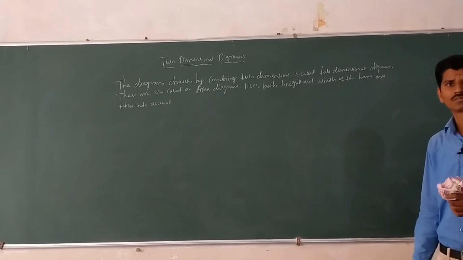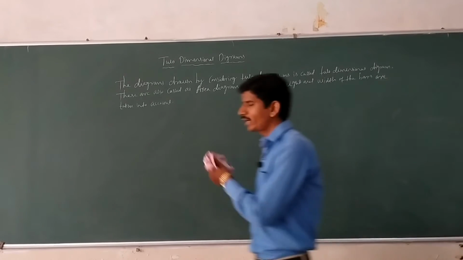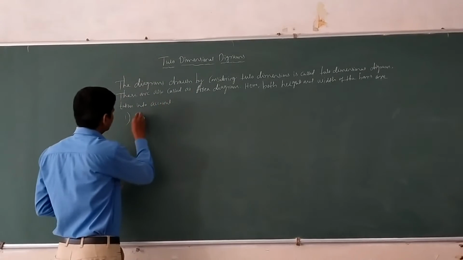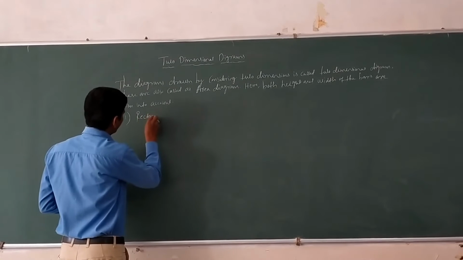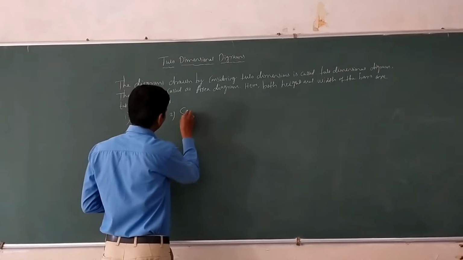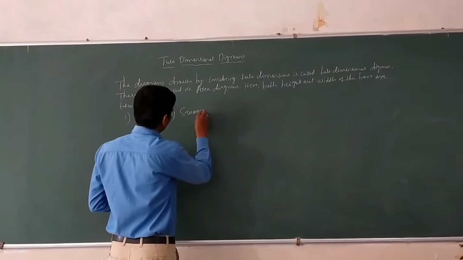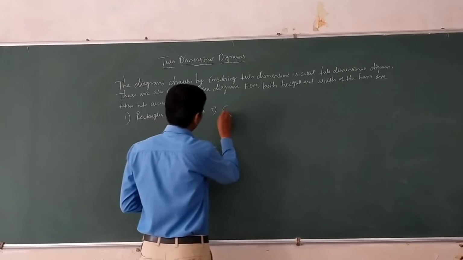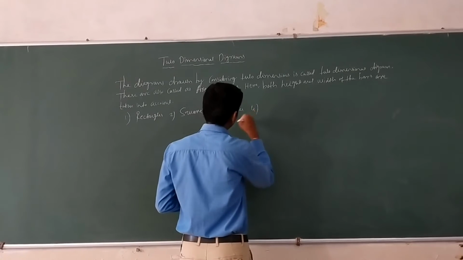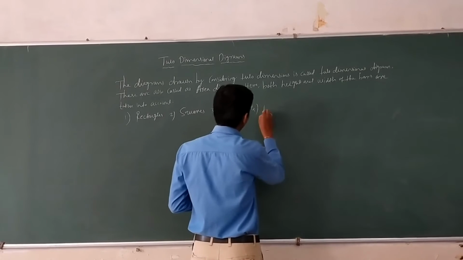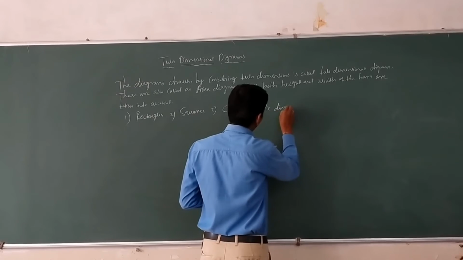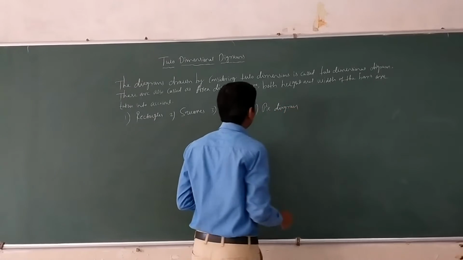Some of the two-dimensional diagrams are rectangles, second squares, third circles, and fourth the pie diagram or pie chart.